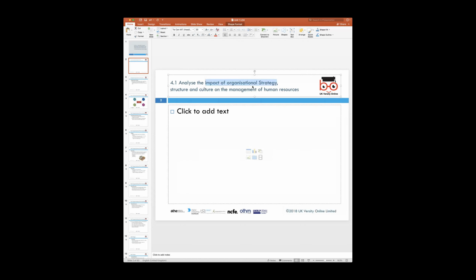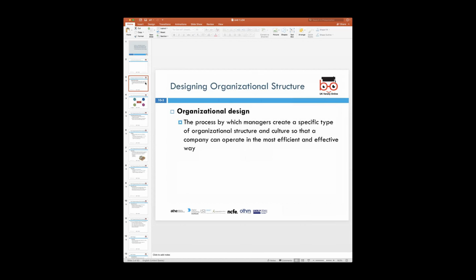That is why I've started the presentation off in the slides by quickly understanding the meaning of structure, then we'll get into culture, and then we'll take it to HR and relate it to the HR strategies or planning that we want to look at as an example.